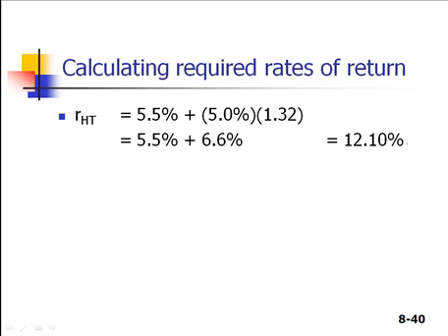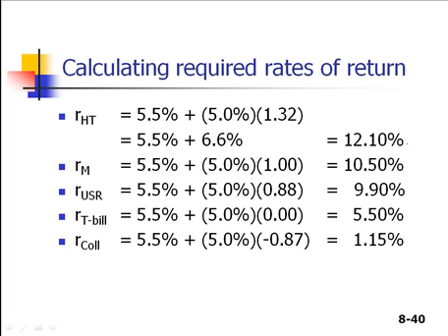We could do the same thing for all the other stocks as well, not only the high-tech stock, but the market portfolio, U.S. Rubber, the T-bill, the collections company. And notice that the only thing that is different is the betas.